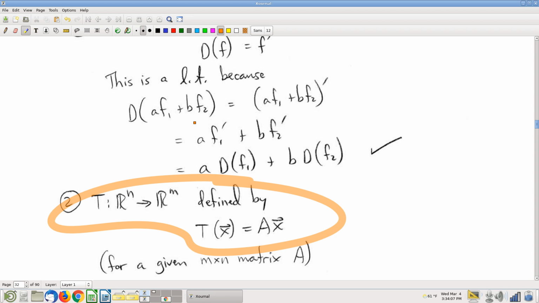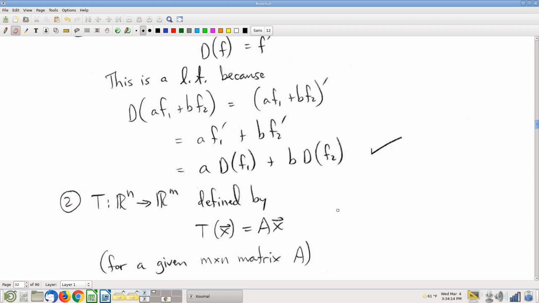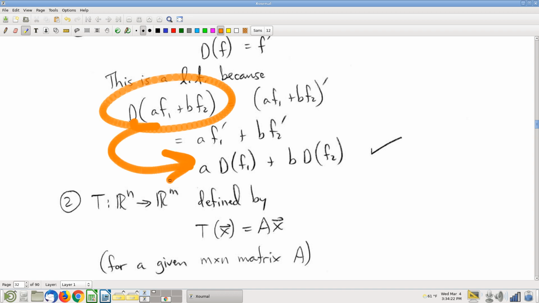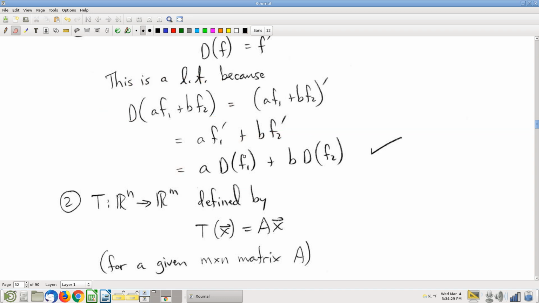So I'm going to leave it to y'all to prove this one, that this is a linear transformation. I'm going to refer you to the fact that you're going to be kind of ripping off this argument here. You're going to put a linear combination of inputs and then confirm that you get a linear combination of outputs. Structurally, same argument. Now, there's going to be some differences. Here, we use previous knowledge from Calc 1 about how differentiation works.